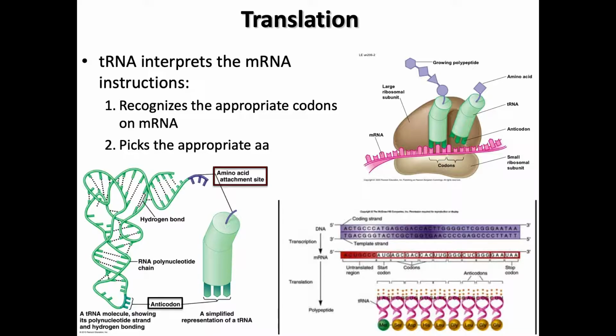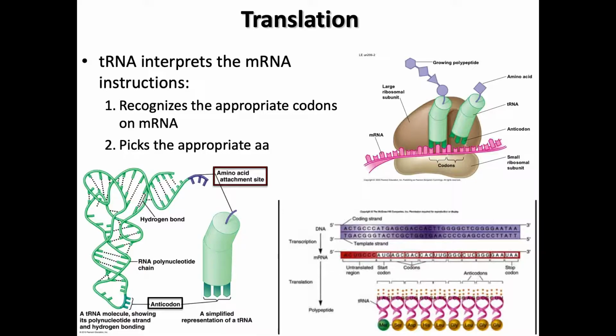Now, the last process that we're going to talk about in chapter 10 is translation. So translation, we know, is how the mRNA carries directions on how to make the protein. That mRNA will be translated, converted into a different language made up of amino acids so that we can make our protein.